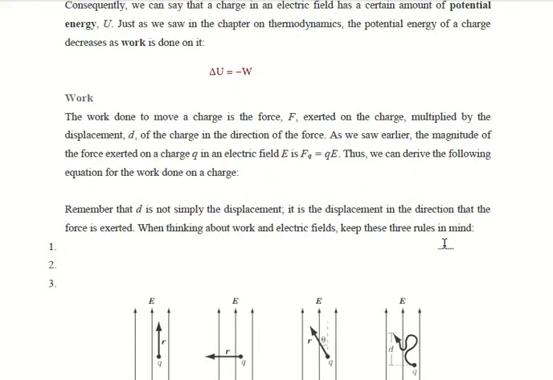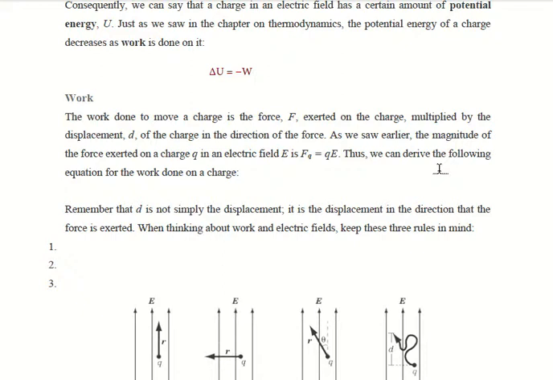We set up a couple equations in previous videos to talk about the force. So the magnitude of the force exerted on some charge Q in some electric field E was just F sub Q equals Q times E. The force on our charge Q is equal to however big our Q is multiplied by the electric field that it's in.